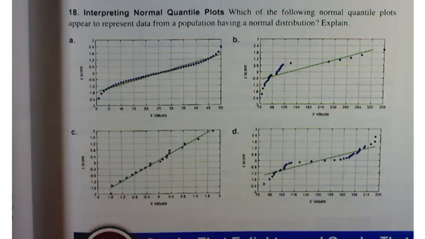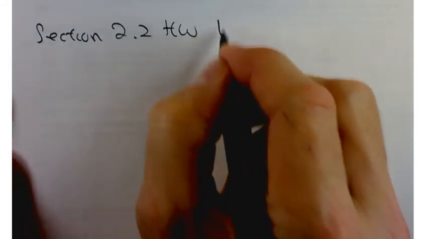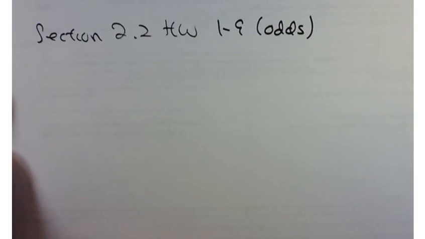Okay, so for homework, section 2.2 homework. Try 1 through 9. Those are just the odds.